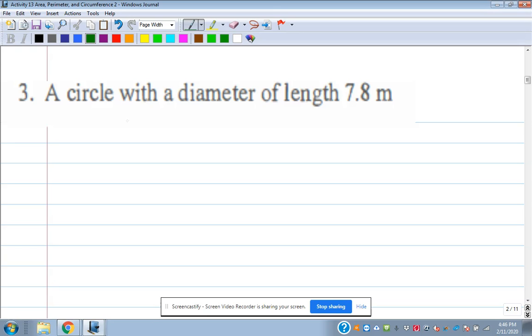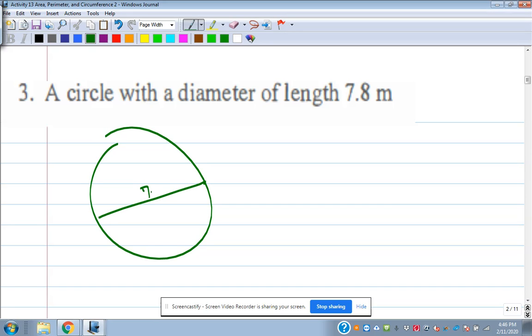So 7.8 meters is almost 8 meters, which would be almost 9 yards, which is 27 feet, which is about the length of this room. Well, this way, not that way. That way's a little further. But anyways, 7.8 meters. We got a circle. It has a diameter of 7.8.